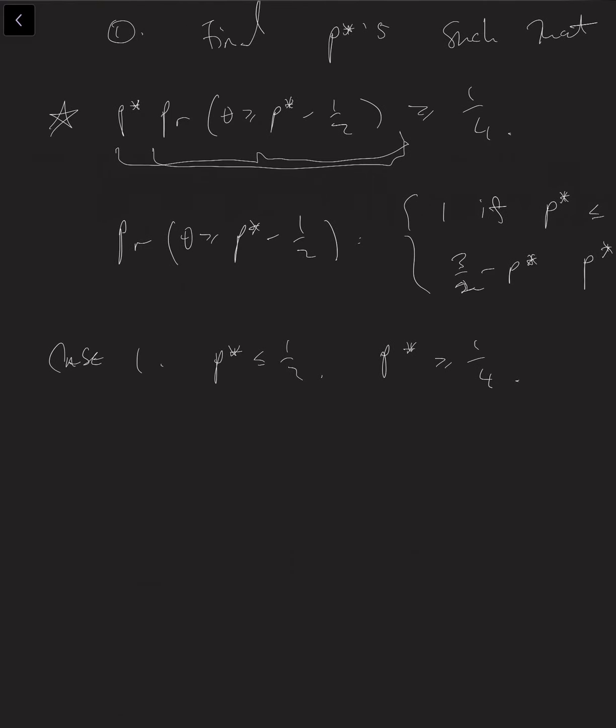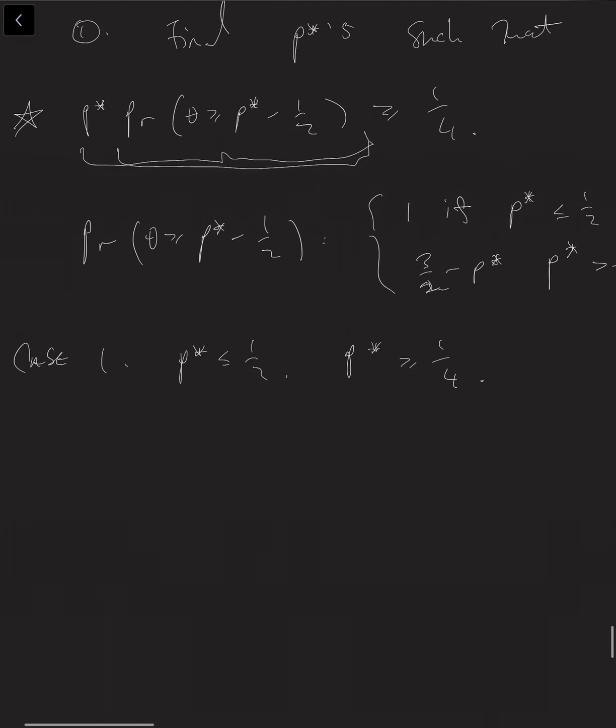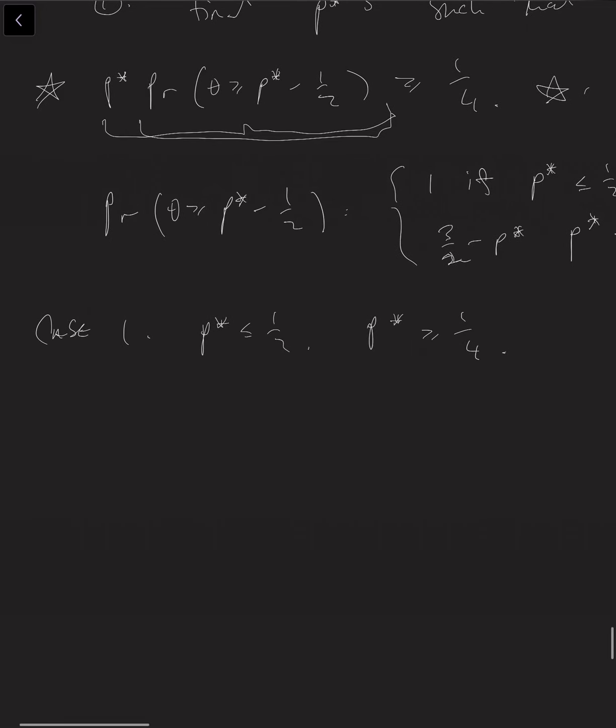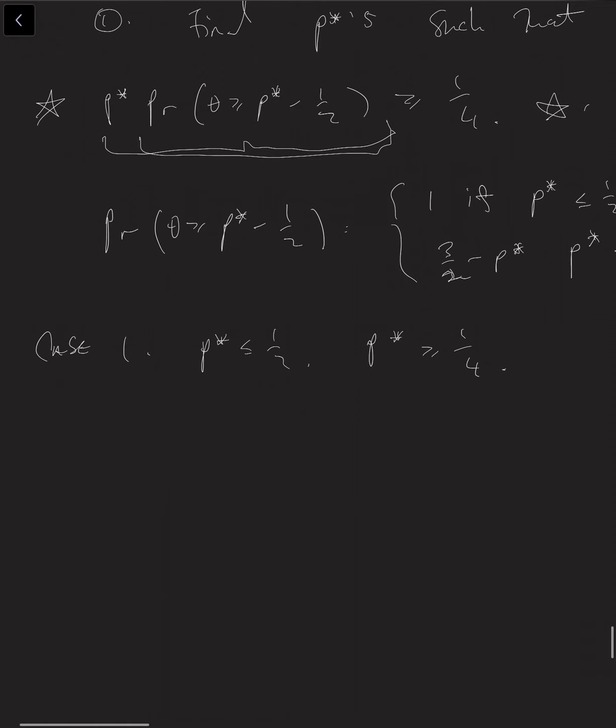So in each case we have to consider the constraints on P star such that this holds, and then that will give us the final set of constraints. And then when answering the question, we have to pay attention to the constraints on P star which are derived in either case. Okay, so that was correct. So case 2 is where P star is greater than half.